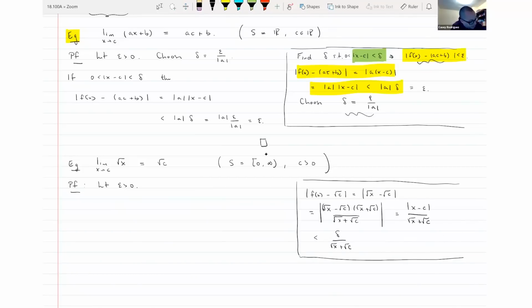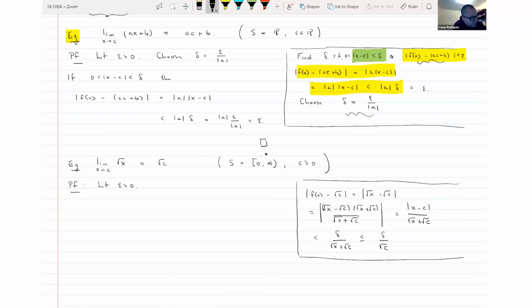Now, if we just do one more thing, then we'll get to something where we can choose it independent of the thing that's changing, x. The square root of x on the bottom is only making things smaller, right? Because that's non-negative. So this is less than or equal to delta over square root of c. Okay.